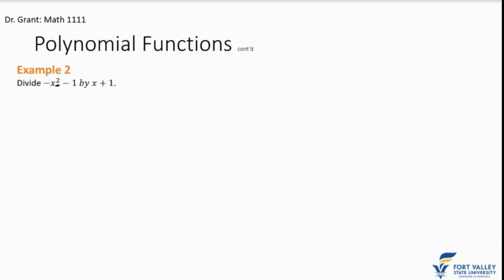So here, since the degree is 2, we have to have 2, then 1, then 0, and so on. So to do this problem, I'm going to write negative x squared. Since there's no x term, I'm going to put a placeholder of 0 and then minus 1.